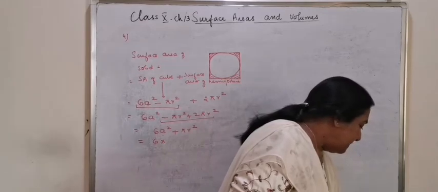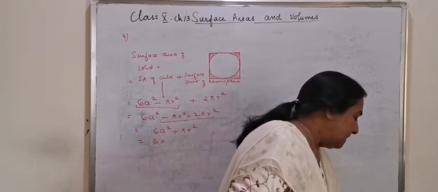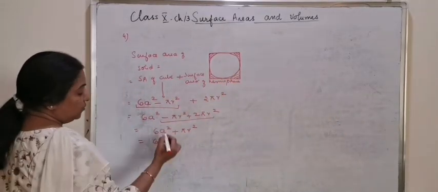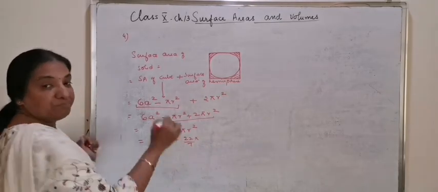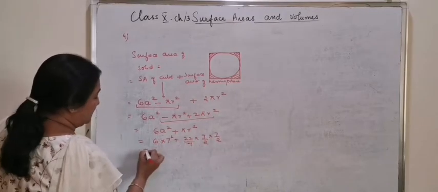A cubical block of side 7 centimeter is surmounted by a hemisphere. That means the edge of the cube is 7, so 6 into 7 square plus 22 by 7 into the radius, which is 7 by 2, into 7 by 2.